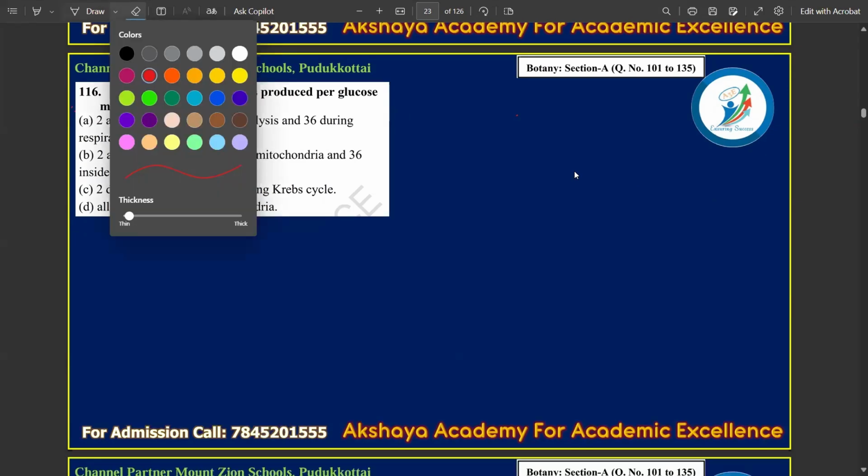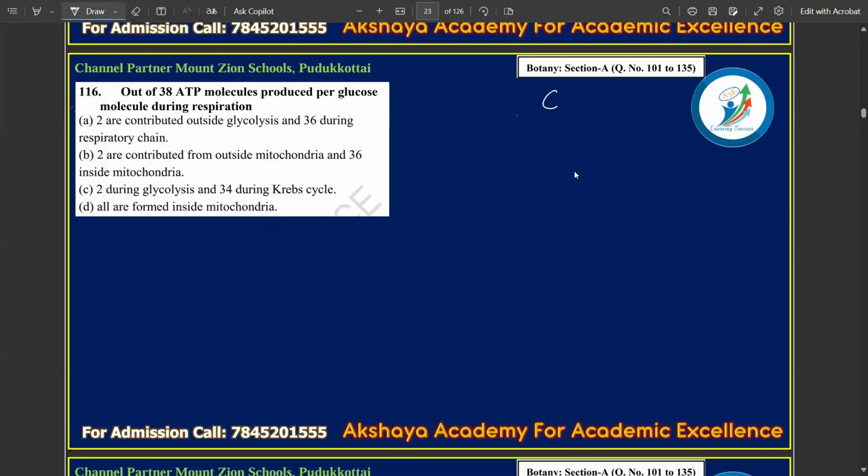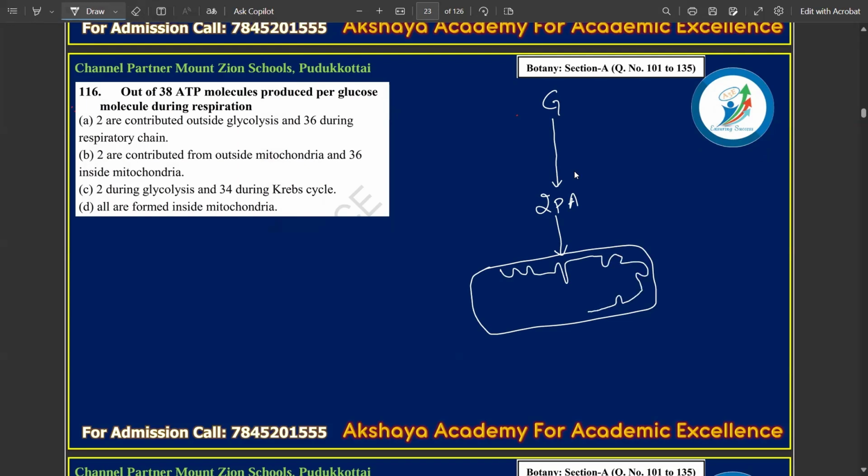So let's discuss. First thing is that glucose undergoes the glycolytic pathway to generate 2 pyruvic acid, which undergoes complete oxidation inside the mitochondria. Inside the mitochondria, if you remember, there are 2 mechanisms running.